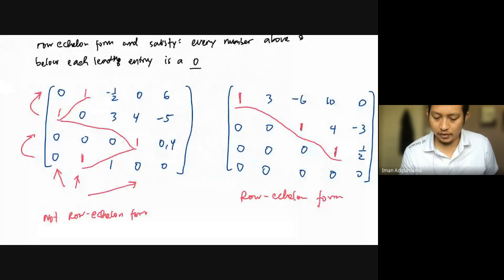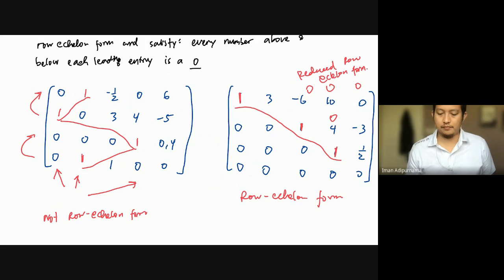And if we make this 0, 0, 0, 0, we are going to have the reduced row echelon form. So row echelon form is when we have 1, 1, 1 here, and then 0 at the left bottom.